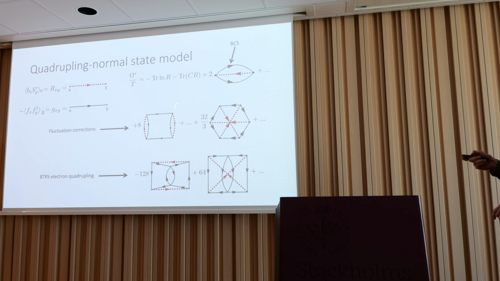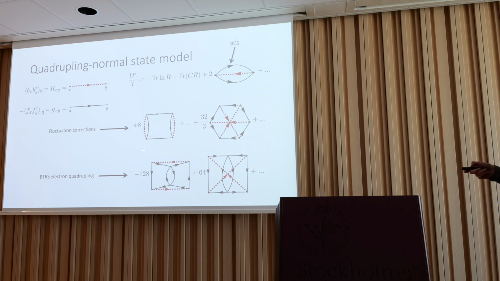In this model I added a lot of terms, expanded up to sixth order in the psi that I showed before. I don't show all of them, just some. For example, these would be some of the so-called fluctuation corrections to various quantities, and this type of diagram, I believe, allows the quadrupling to appear.